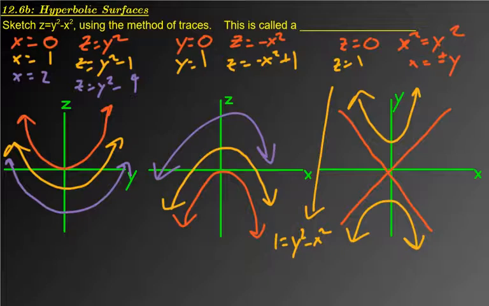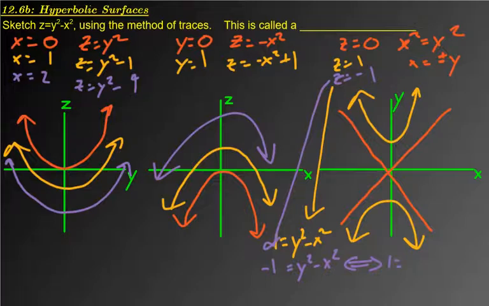Let's do z equals negative 1. Then we're going to get negative 1 equals y squared minus x squared, and that's equivalent to 1 equals x squared minus y squared, which is a hyperbola shooting off in the x direction.